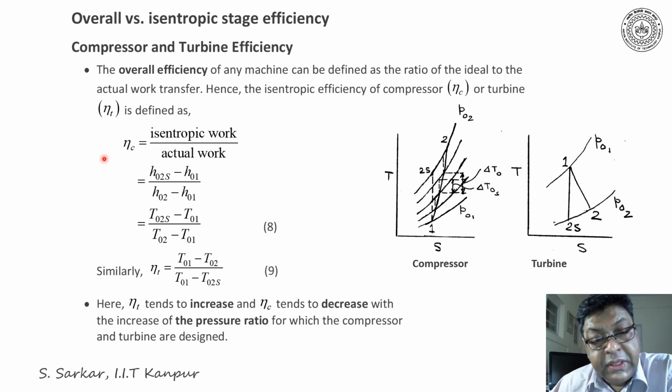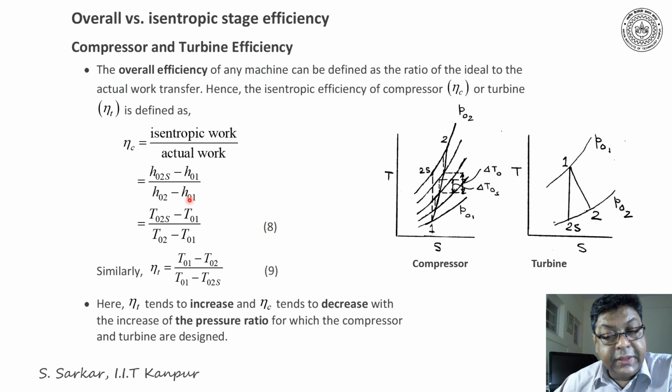Thus, eta C can be stated as H02s minus H01, that is isentropic enthalpy rise, divided by actual enthalpy rise, that is H02 minus H01.